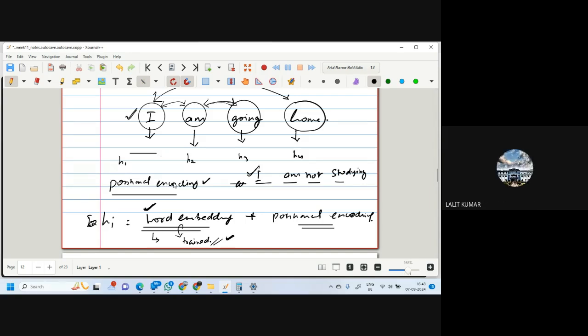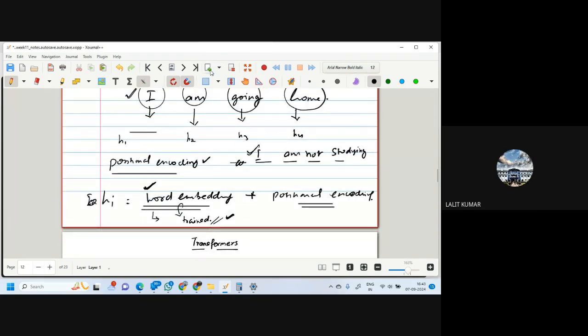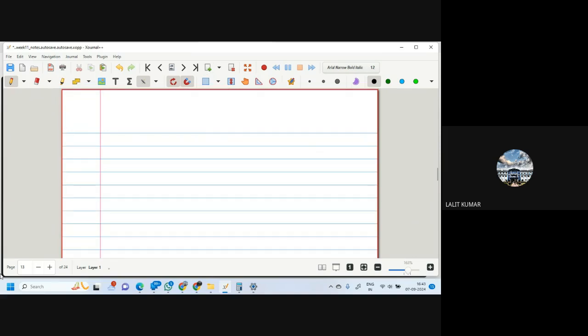Very good. Now we come to the second part. So we now have an input. I will take an example sentence, I am not going home, and we are doing translation. Every word has word embeddings of, for example, 512 dimensions.